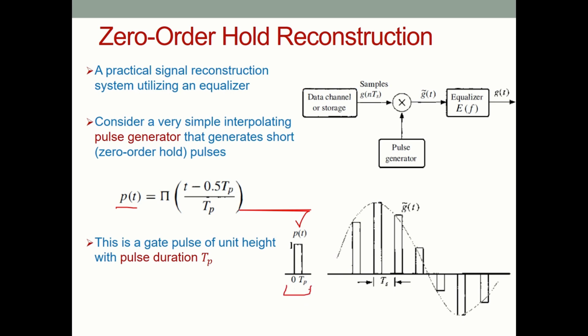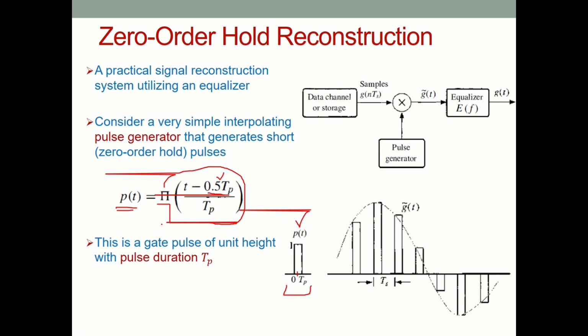It starts from 0 and goes up to Tp, where Tp stands for the width of the pulse. The rectangular pulse using the rect function is represented by this expression. You can see there's a 0.5 Tp here. This means if we only had t by Tp, the 0 would be at the center of the rectangle. But since this is a shifted rectangle, we have minus 0.5 Tp, it's shifted by half.